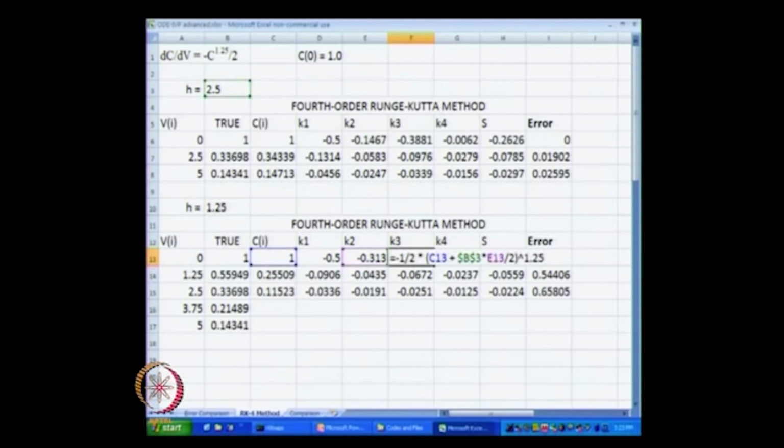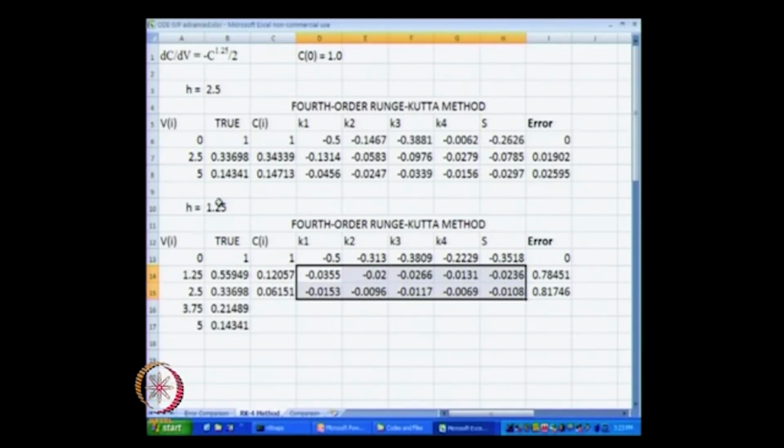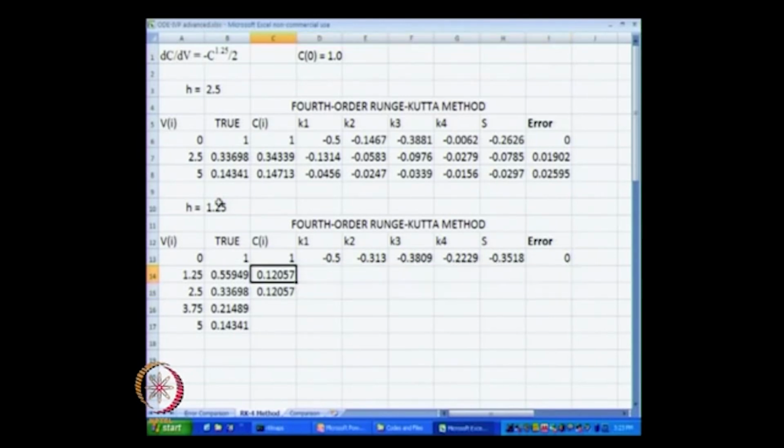Same thing for K3, and the same for K4. S is nothing but a weighted average of these, so it does not use H at all. I will delete these values. Now, Ci plus 1 is going to be equal to Ci plus H times S. So I will drag this to the new H value.